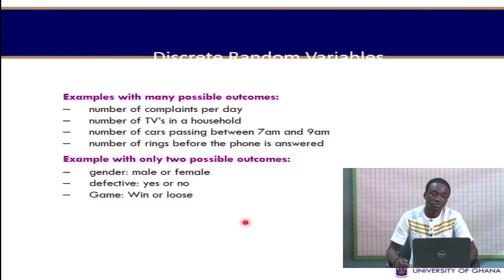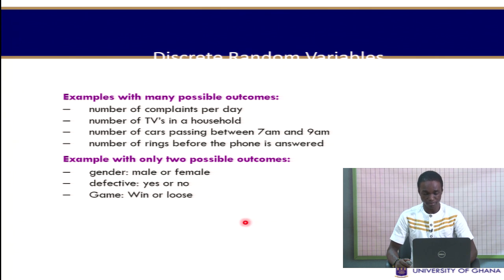Other examples of discrete random variables are the number of complaints per day, the number of TVs in a household, the number of cars that are passing between 7 a.m. and 9 a.m., and the number of rings before a phone is answered.